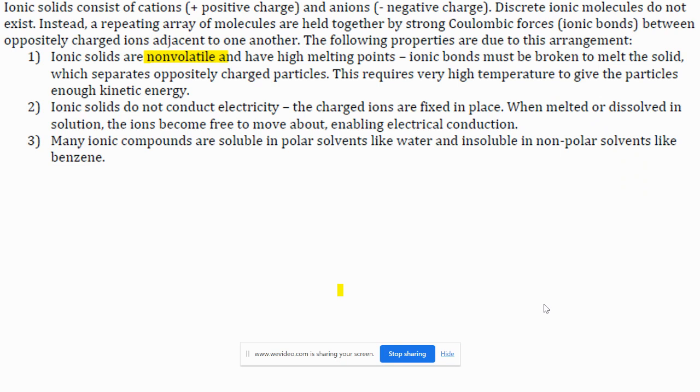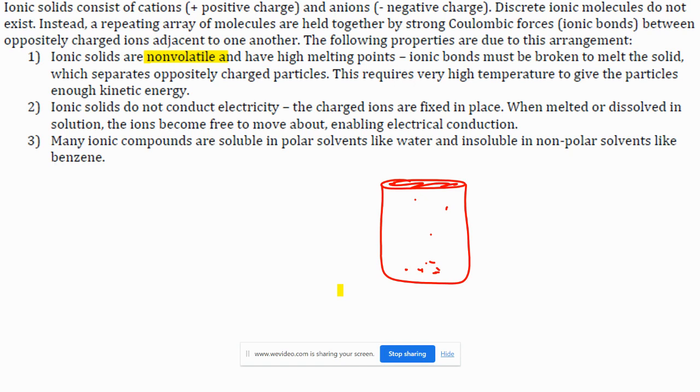Volatility means if you have a closed container and you have this substance in here, and that substance is now a liquid, so it's free to flow, you're going to have some of these go up as gaseous particles. Everybody cool with that?